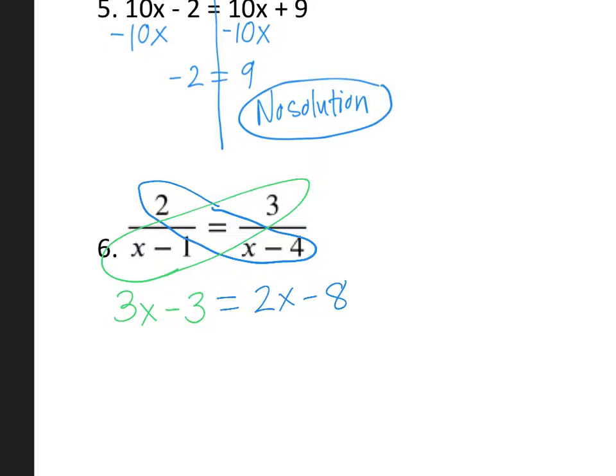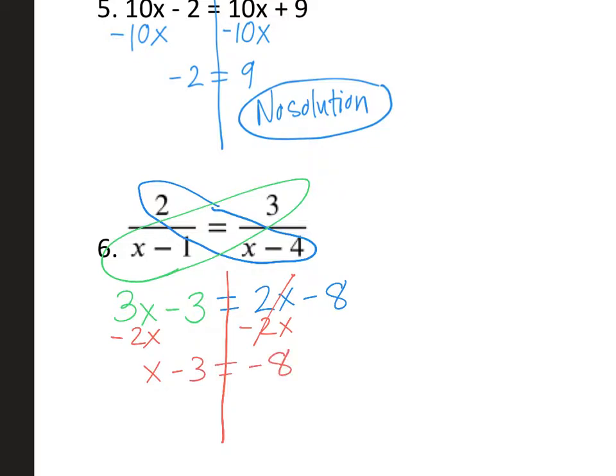Okay, now I can simplify regularly. The first thing I'm going to do is draw a line through my equal sign. And I'm going to subtract, or get rid of, the smallest variable. So 2x is the smallest. Since it's positive, I'm going to subtract 2x on both sides. This cancels out. On the left-hand side, I have x minus 3 equals negative 8.